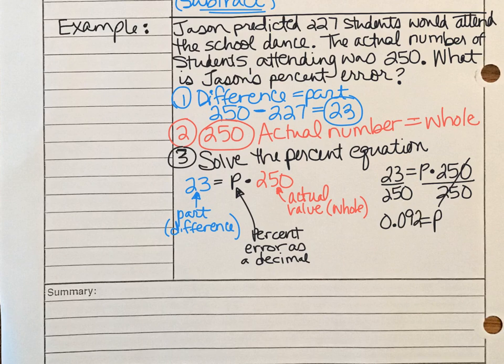And in order to change that back to a percentage, remember that's your decimal form right there, we have to multiply that number times 100, and we get 9 2/10% error. So Jason's error was 9 2/10%. So don't forget to change it back to a percentage after you solve and get that decimal value.